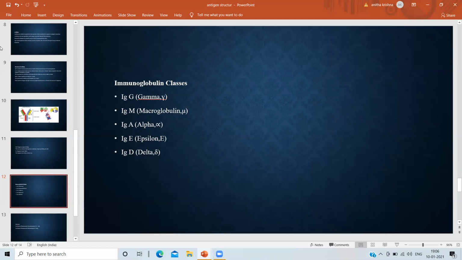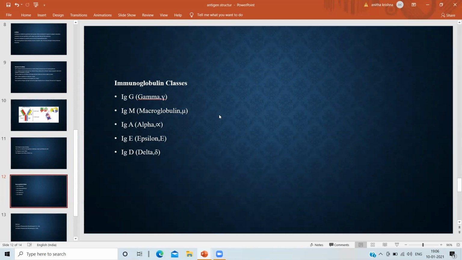Now talking about your IgM, that is macroglobulin. IgM has a J chain, and it constitutes about 10% of the total immunoglobulins. As I said, IgGs constitute 75% of the total immunoglobulins, whereas IgM constitutes about 10%.